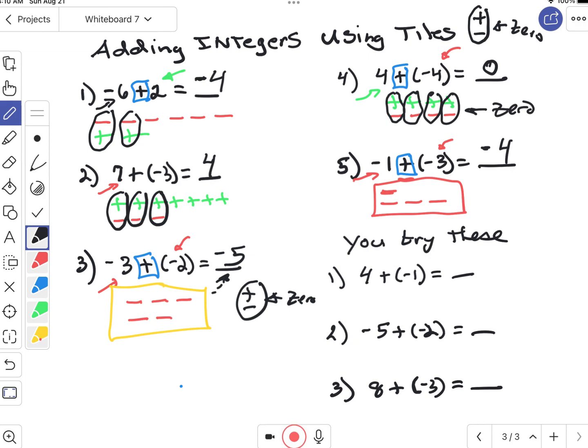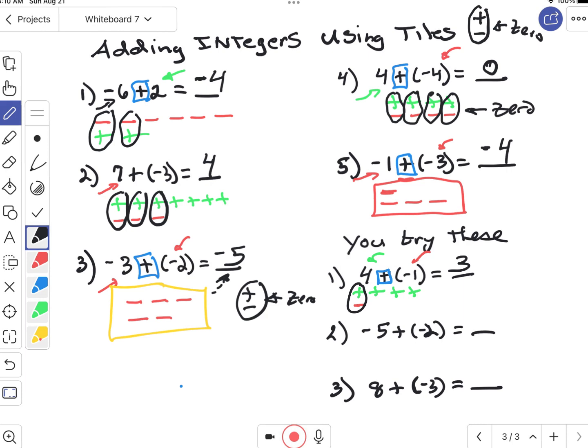Okay, so did you draw 4 positives? Because we're starting with 4 positives, and then we're adding to the picture 1 negative, and then we're collecting our zeros. And doesn't that leave me 3 positives left over?